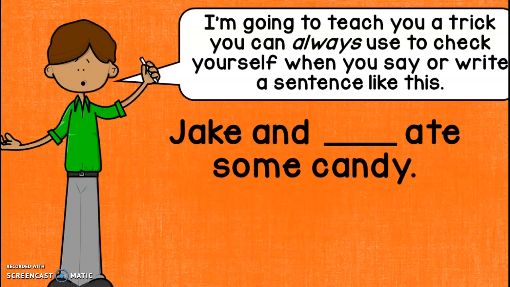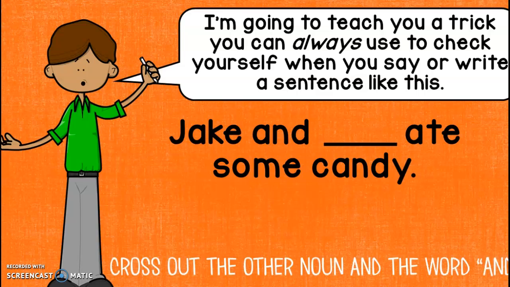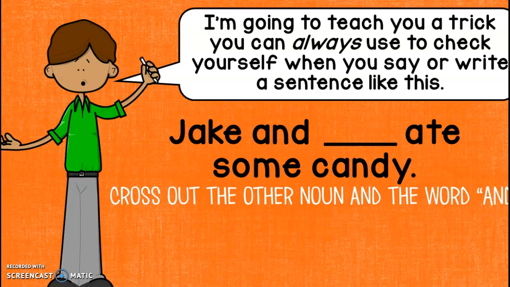There's also a trick that you can use when you're using this sentence. So, for example, if you cross out the other noun in the sentence, okay, so in this case, if you were to cross out the Jake and the "and" part, and you were just to fill in that sentence, "blank ate some candy," would you say I or would you say me?